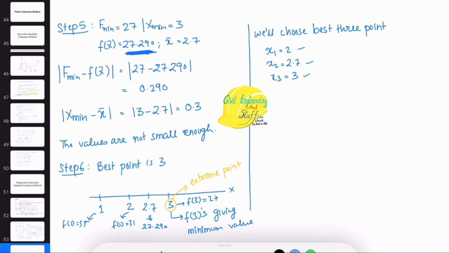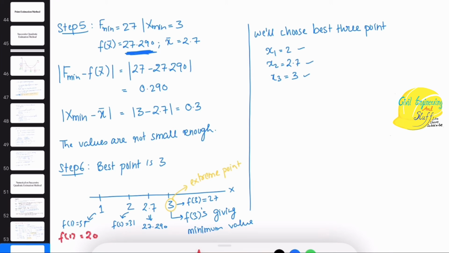Suppose, again we are supposing, let's say your f1 came out to be, let's say 29. All right, so your f1 suppose came out to be 29.